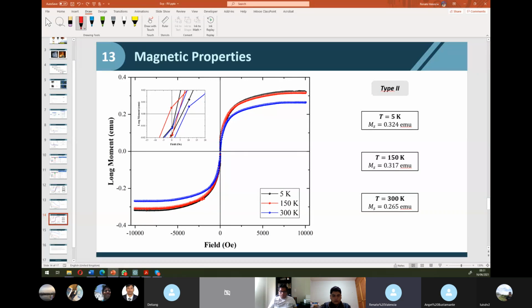And in sample 2, we don't have a hysteresis loop. In this figure, we have a magnetic remnant of the SQUID equipment, but there is no coercive field.